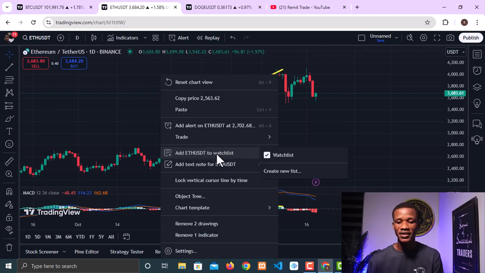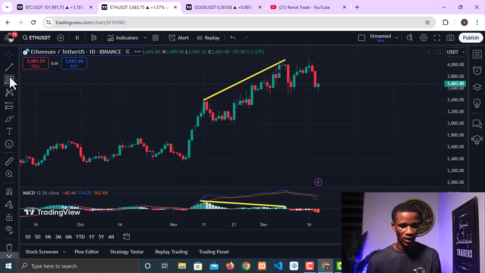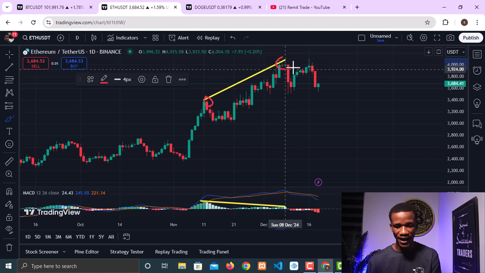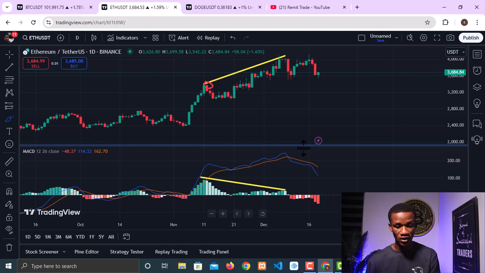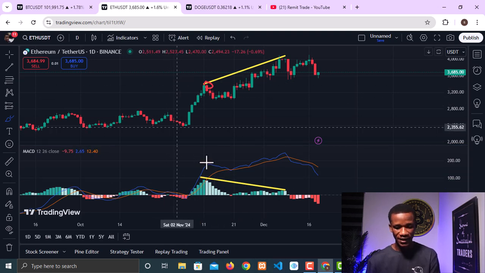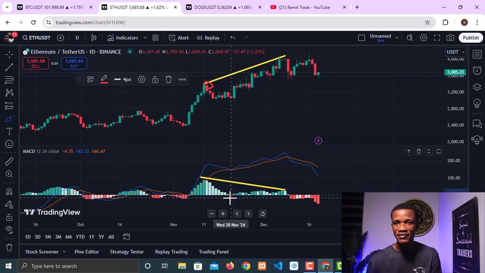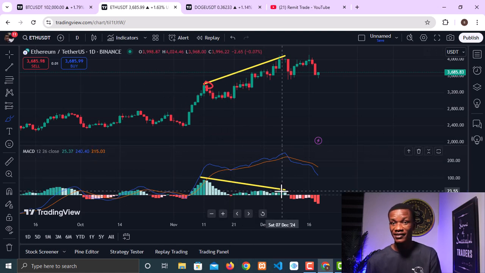ETH USDT 1-day chart, look at it, divergence as well on the price action. Look at the market moving upward, creating this high, creating a new high at this very point. And if you look at the indicator, which is the MACD indicator, we see the market create a high at this very area right at this point, and then come back down, create a small bearish bar to the downside, to the negative side of the MACD, and then begin to form on the positive side again, which means the market creates a divergence at this very point.